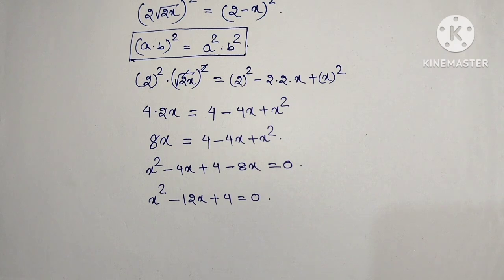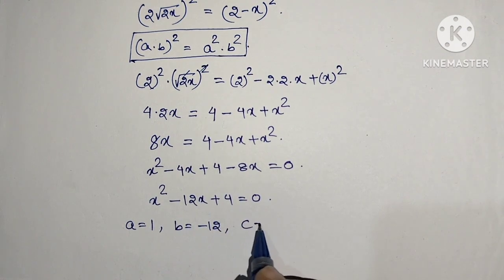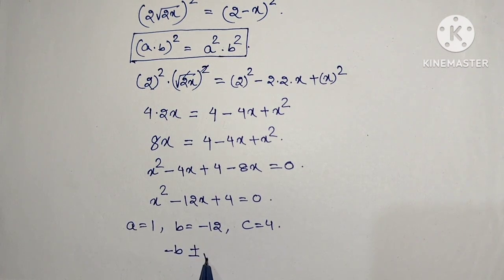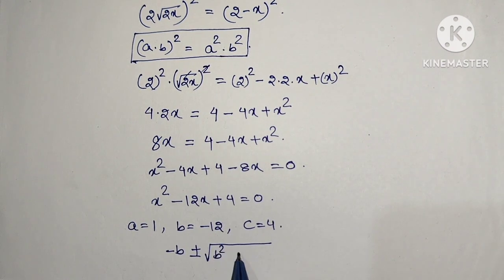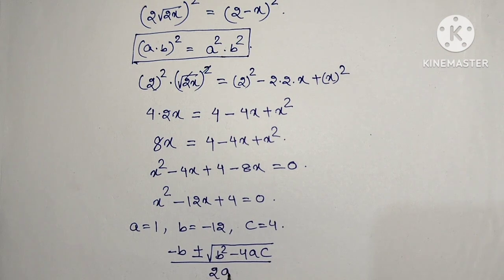This is a quadratic equation. Then a is equal to 1, b is equal to minus 12, c is equal to 4. We apply the rule minus b plus minus root of b square minus 4ac divided by 2a.